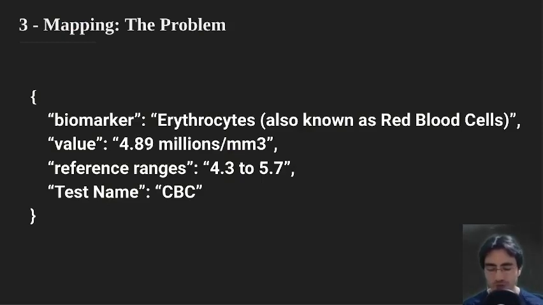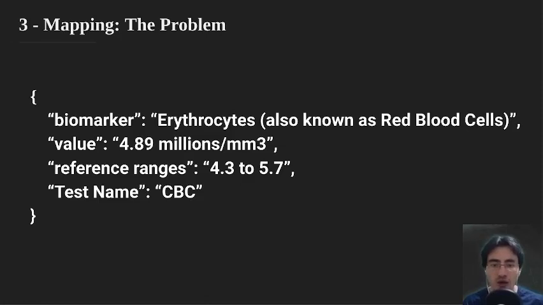One way that you could think of is, we have our own list of known biomarkers, but then the LLM may retrieve names that are not the exact match for our own biomarkers. For instance, sometimes the LLM will retrieve erythrocytes, which is correct, but then it may add some other random text with this name.